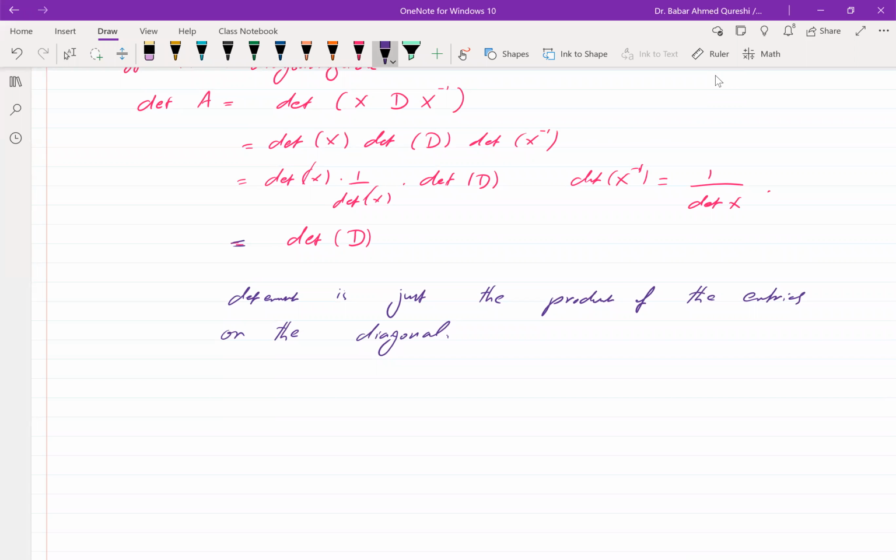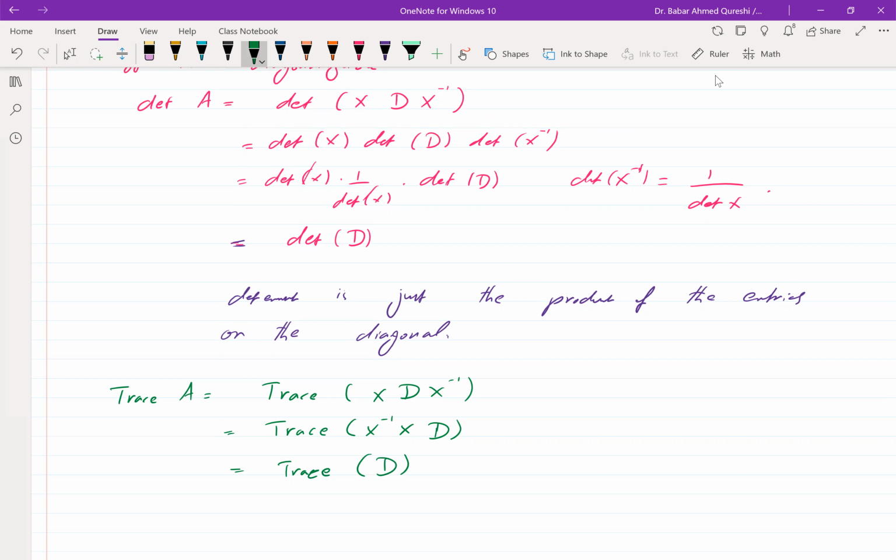Similarly, if I compute the trace, because of this decomposition, the trace would be trace of X D X inverse. But I know that the trace is cyclic, as we proved in one homework. So this X inverse comes over here, and they cancel.